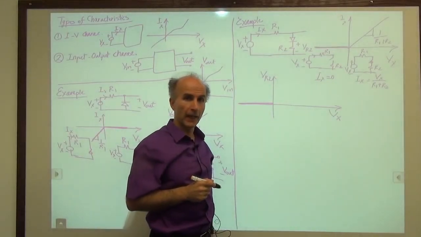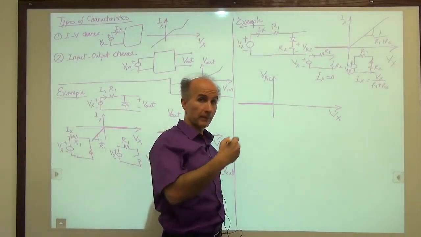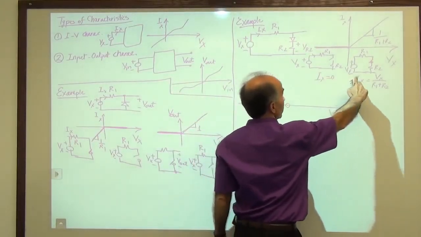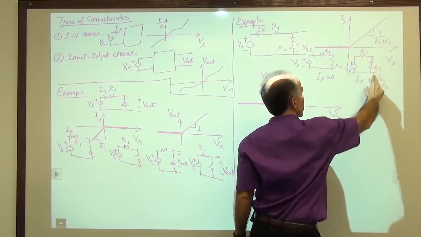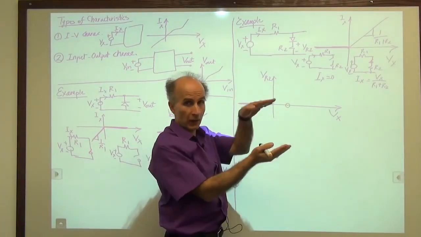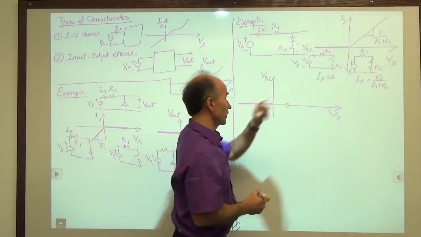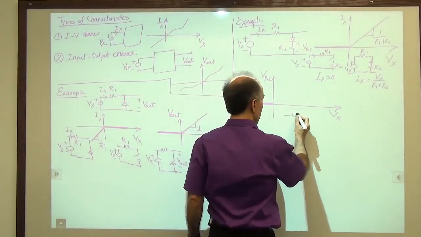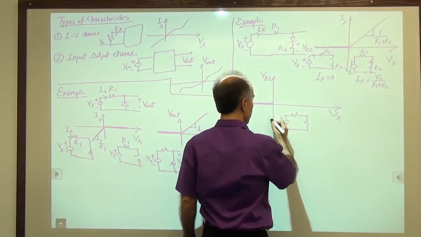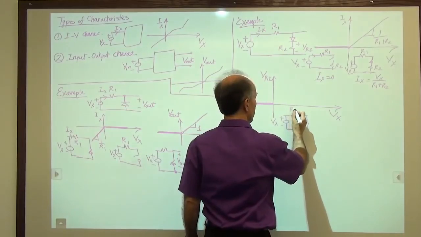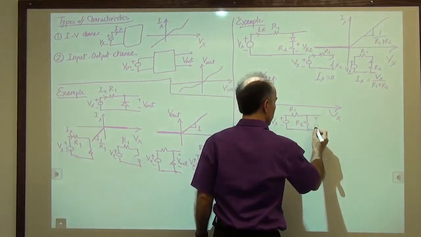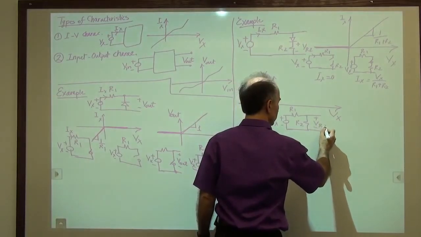Okay. Now, what happens when Vx becomes positive? When Vx is positive, we remember that the topology reduced to this circuit on the right. And I am interested in the voltage across R2. So let me redraw that here to analyze it quickly. So here's Vx, here's R1, here's R2, and I am interested in this voltage here, VR2.